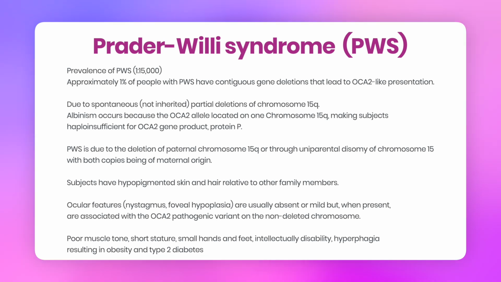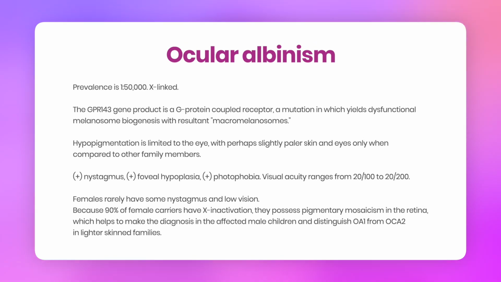They have the hypopigmented skin, as well as poor muscle tone, short stature, and small hands and feet. They also get hyperphagia that leads to obesity and type 2 diabetes, which is the classic thing people know about Prader-Willi syndrome. Moving on, ocular albinism.